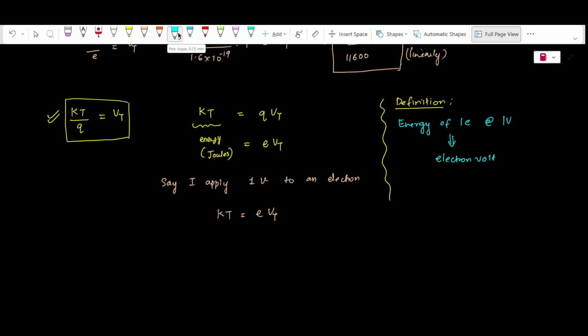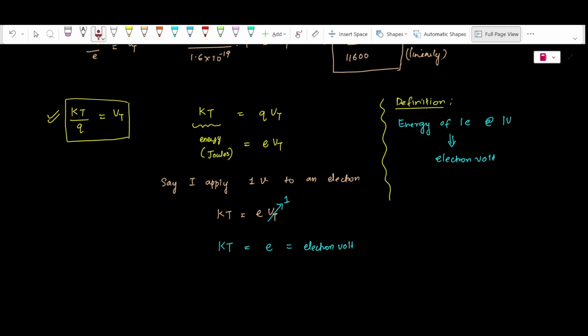If I put Vt to be 1, then I can say kT is equal to e, and this is defined to be an electron volt, because I have applied 1 volt to 1 electron. So this expression will give me my electron volt.